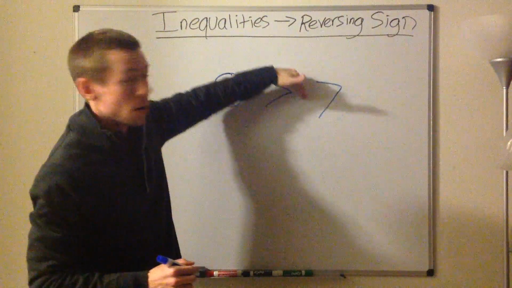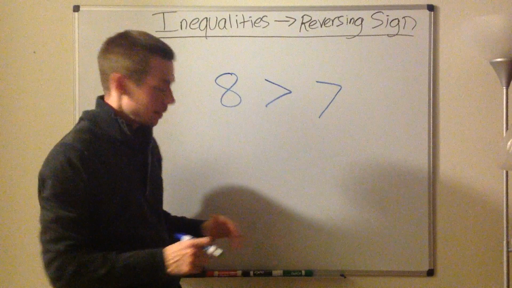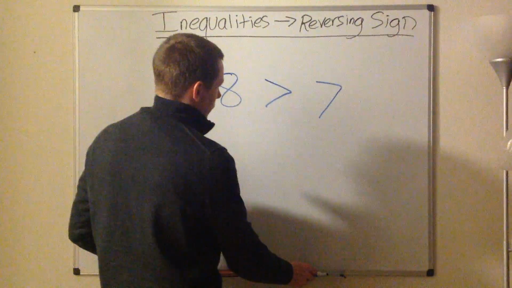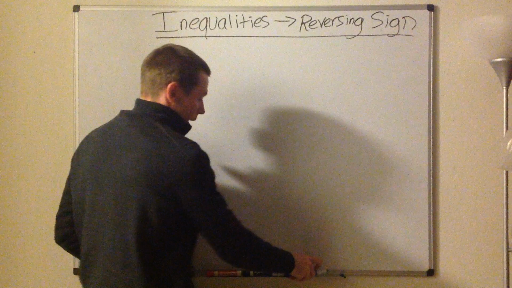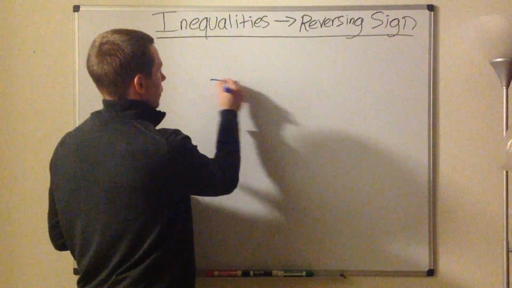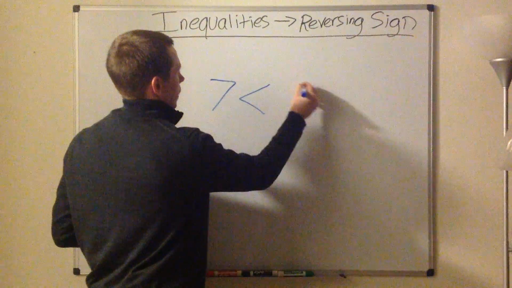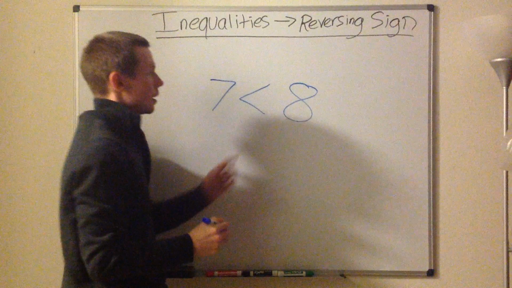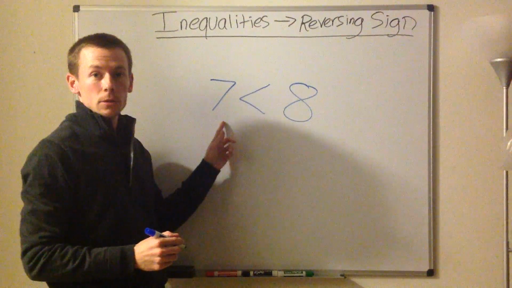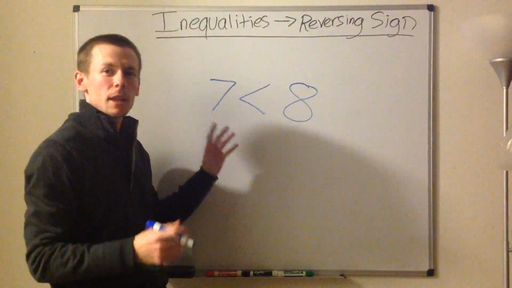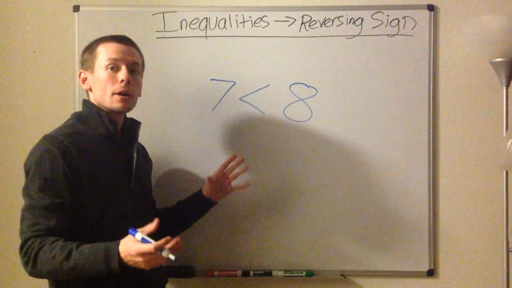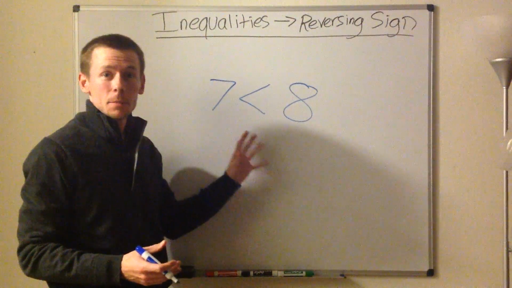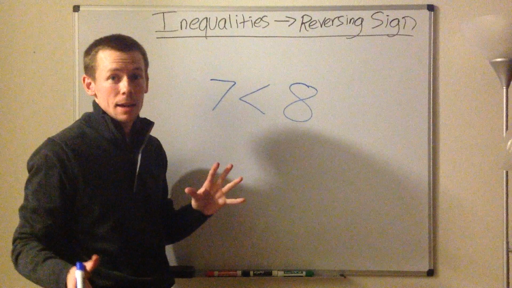You slide down to the smaller number. Or again, you could look at it like this. You're still sliding down to the 7. Right? So you can think of it two ways. 8 is greater than 7, or 7 is less than 8. Both are two different ways of saying the same thing.